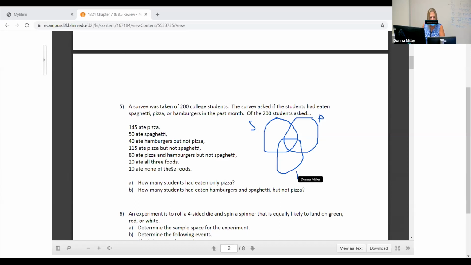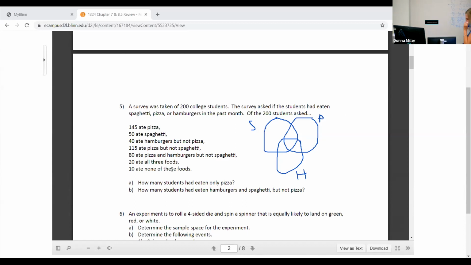Hamburgers. So what I look for is, what are the easy things I can fill in? That's what I look for. All right. So we kind of draw you guys a Venn diagram. All right. We've got spaghetti, pizza, hamburgers.